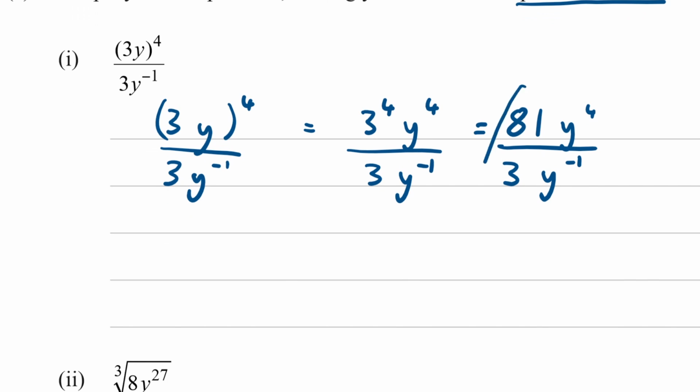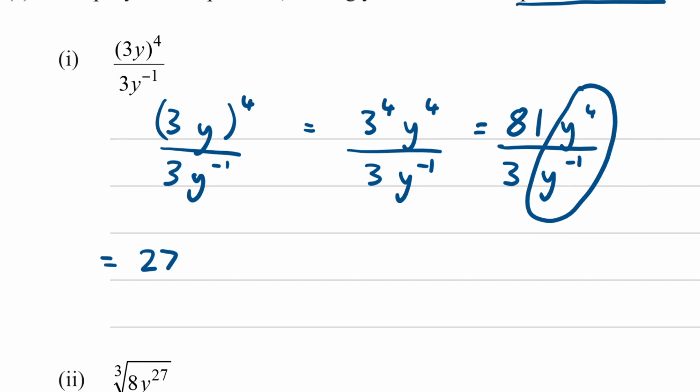Now we can simplify the coefficients. So 81 divided by 3 is 27. And now just looking at the variables, the powers. When we divide powers, we subtract the power in the denominator from the numerator.